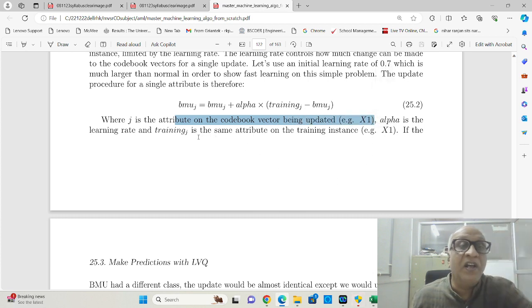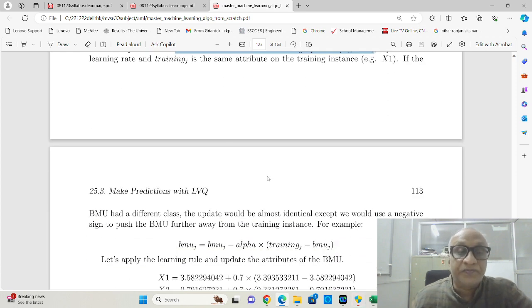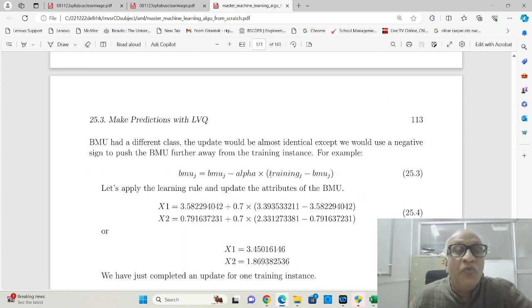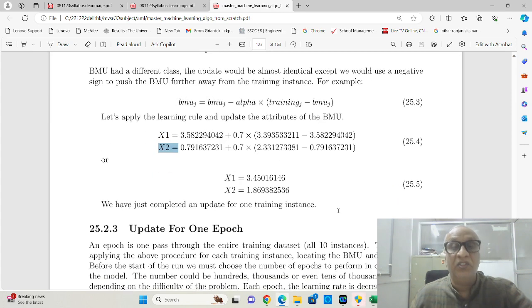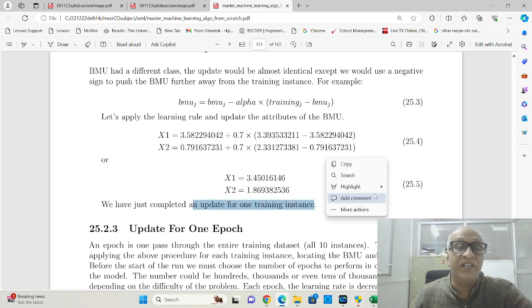Alpha is the learning rate, and training j is the same attribute on the training instance, which is x1. We apply this learning rule and update the attributes of the BMU, wherein we get this x1 value and this x2 value.